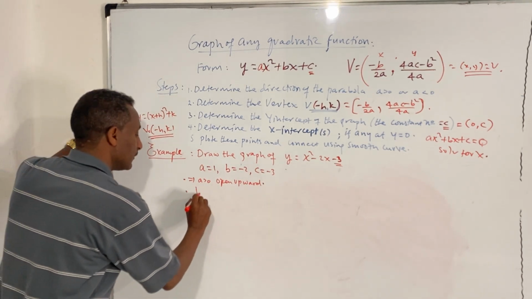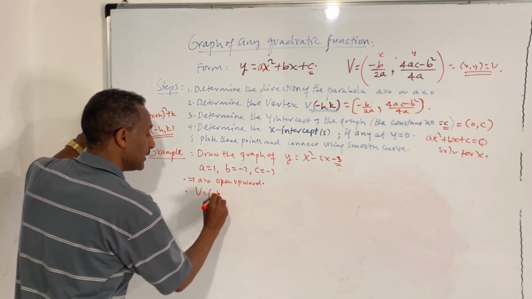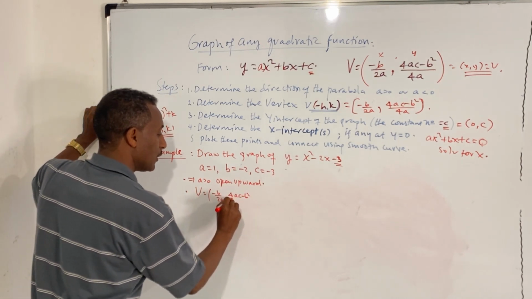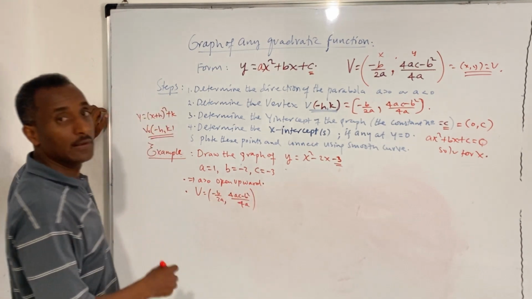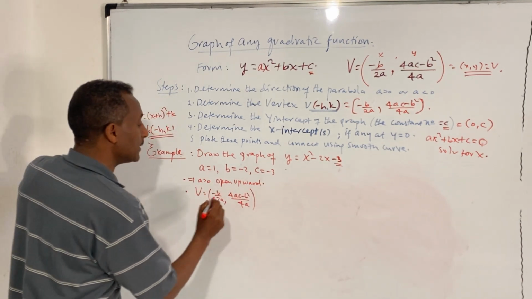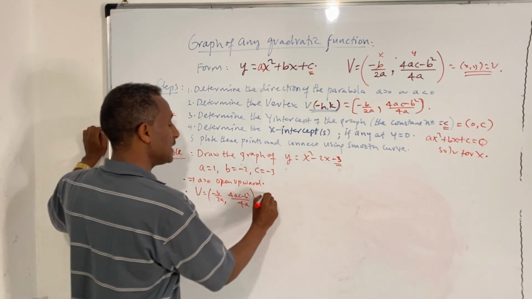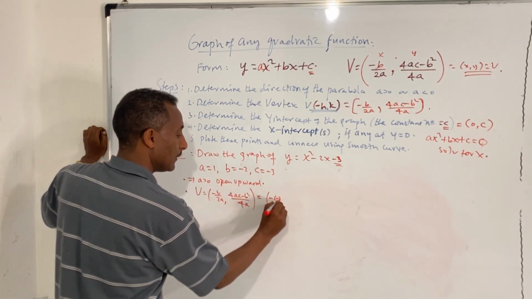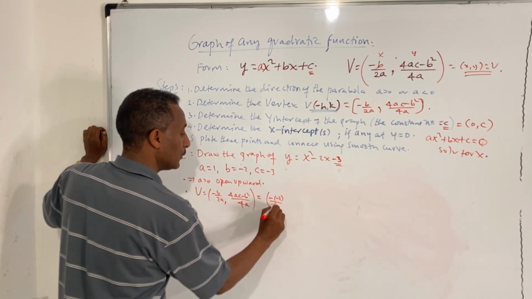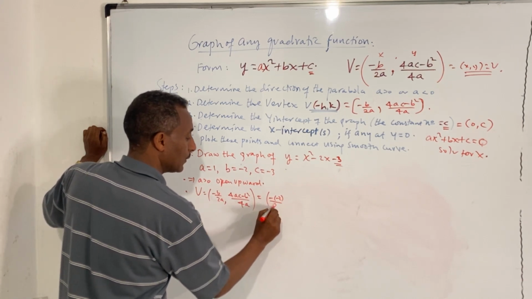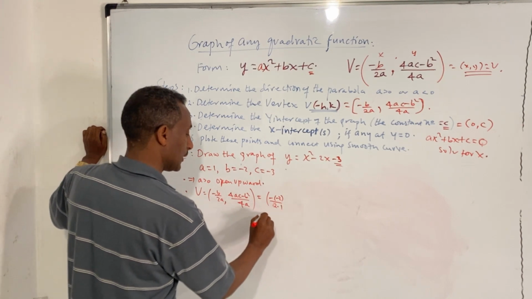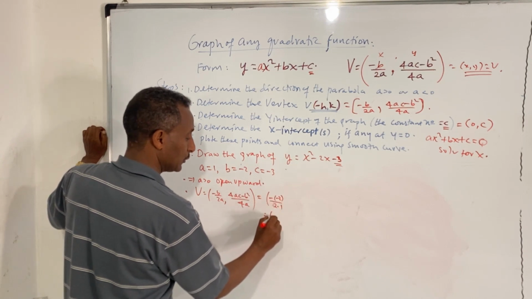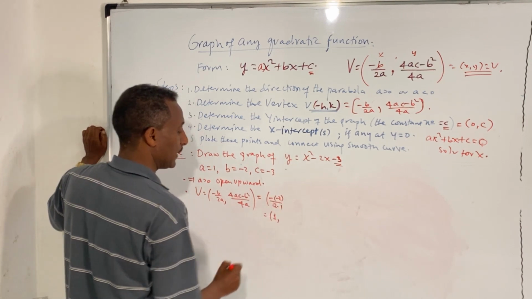Another is our vertex. The vertex is at minus b over 2a, comma, 4ac minus b squared over 4a. So minus b is minus of minus, what's b? Minus 2, over 2a, 2 times 1, which is equal to what? Minus times minus is plus, so 2 over 2 is 1.